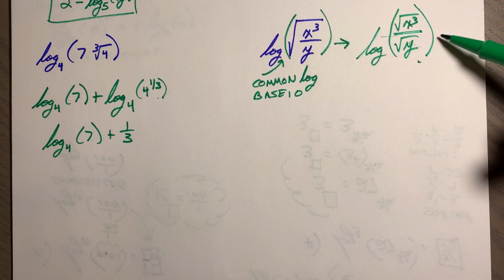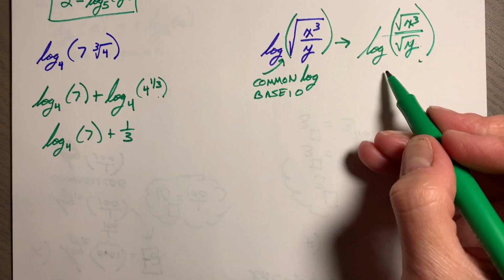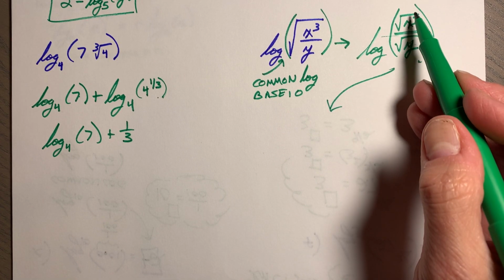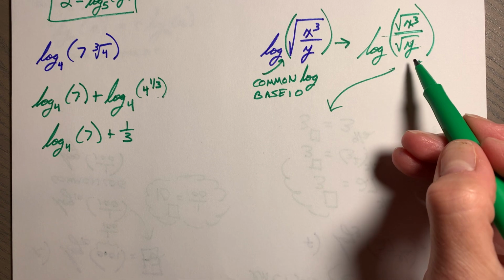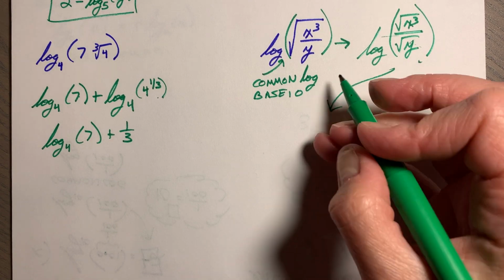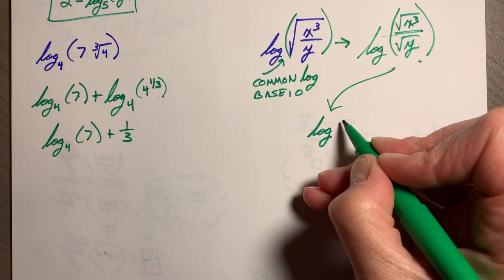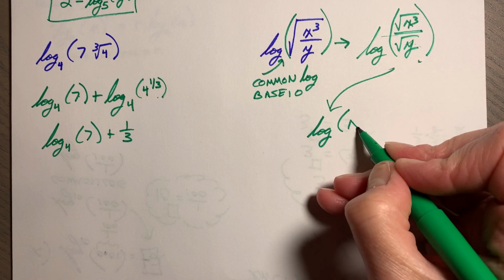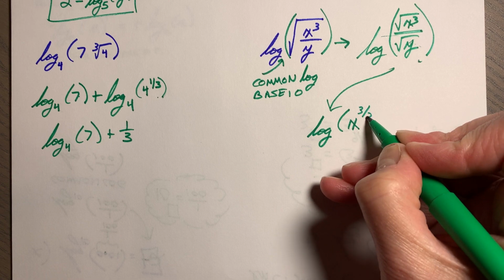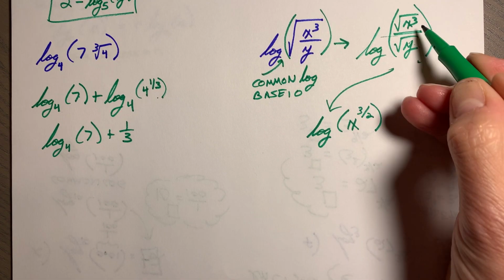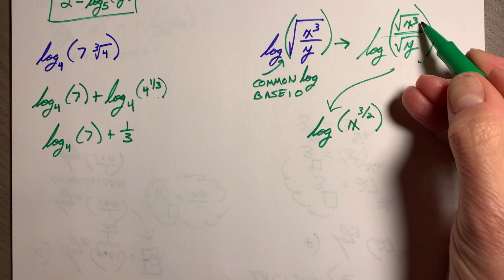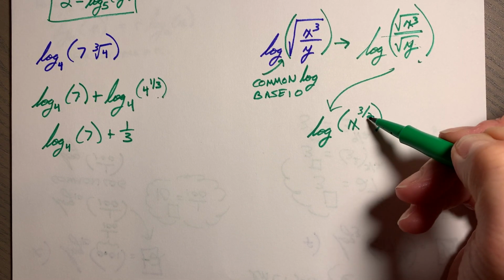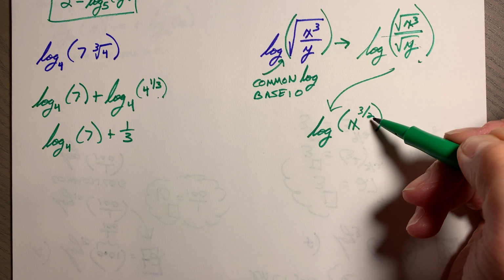So if I have a quotient, I'm going to use my quotient rule. The quotient rule says I change this to the log of the numerator minus the log of the denominator. Now, along the way, I'm going to make the changes that we did before. If I have a square root, that's a 1/2 power. Now, it already has a power of 3. So putting the 3 over 2, this shows that we also are doing the square root.